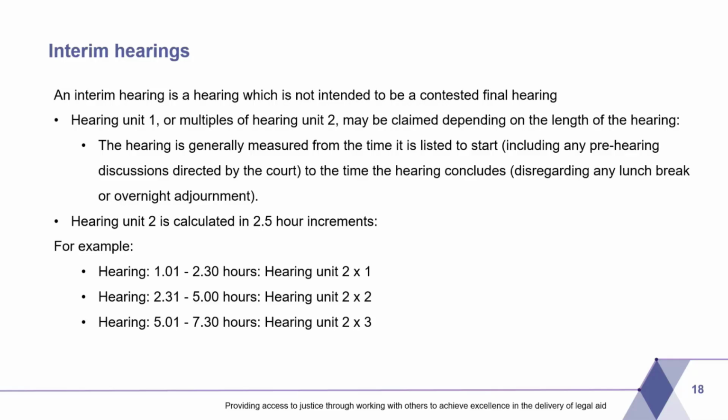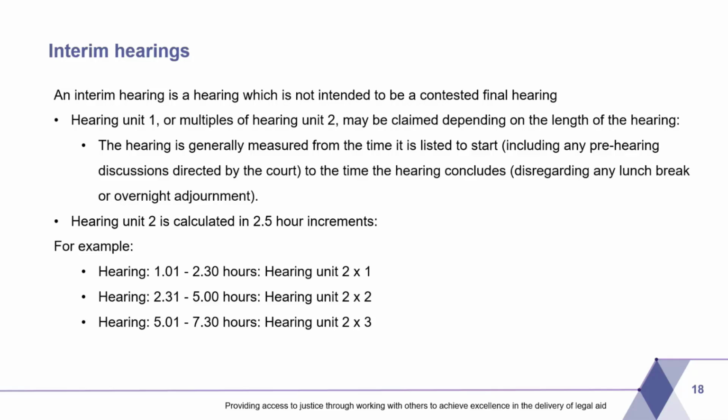There are two hearing units. Hearing Unit 1, which is where the hearing was for an hour or less, and then Hearing Unit 2 for over an hour. With Hearing Unit 2, the fee will be calculated in multiples of Hearing Unit 2 at 2.5 hour increments. And there's an example of that in the slide you'll see there.